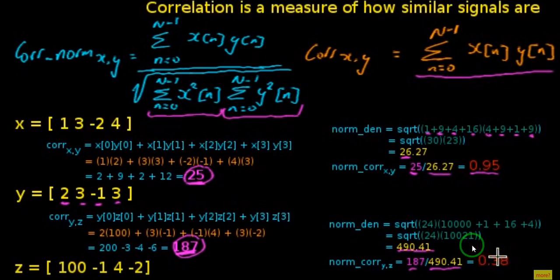0.38. And I told you that the limitation of the change of the normalized correlation is between -1 and 1. So when it's 1, it tells you that the two signals are exactly changing with the same behavior, and when it is -1, the signals are exactly changing in an opposite way compared to each other.